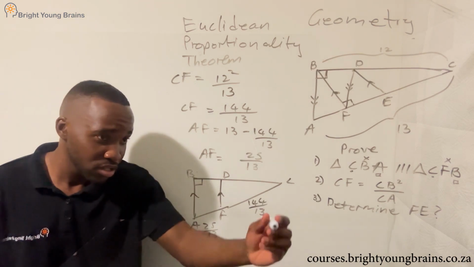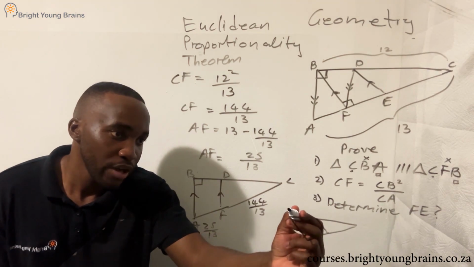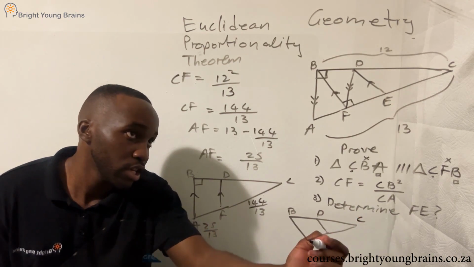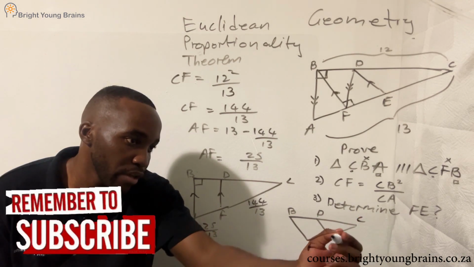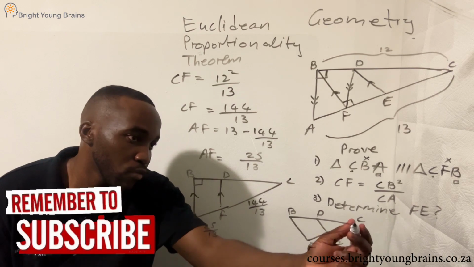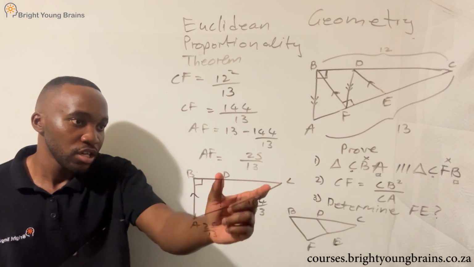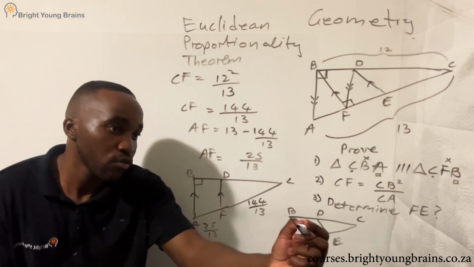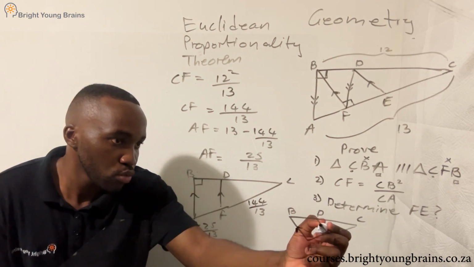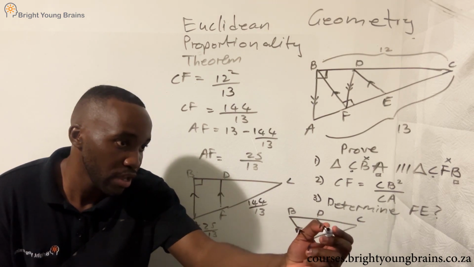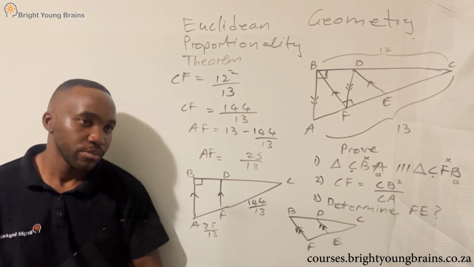The reason that's important is that if you have BD over DC, you also automatically end up with FE over EC, you see, because the BD and the DC are in two portions of our sketch, of which those two portions are clearly very important.